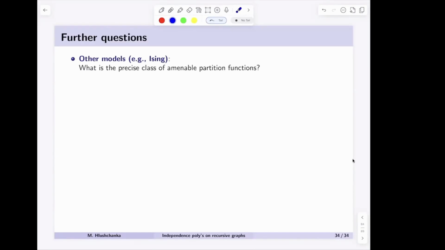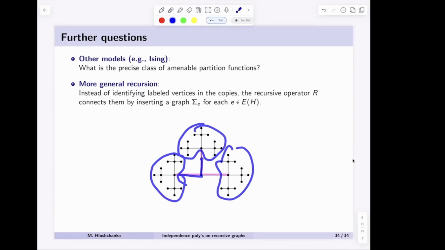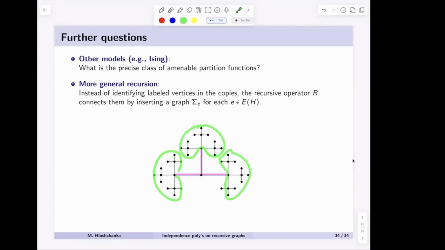We could also, instead of identifying labeled vertices in the copies directly by gluing them together, glue the corresponding copies by using some subgraph instead. So I have, in this case, 3 copies, but instead of gluing them at a vertex, I glue them by this tripod.